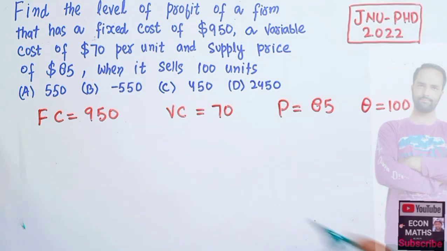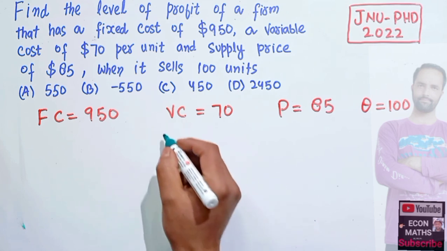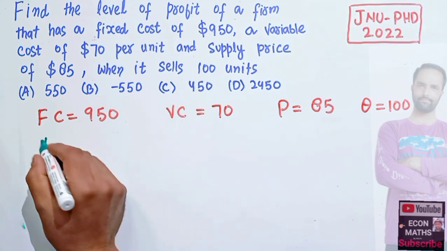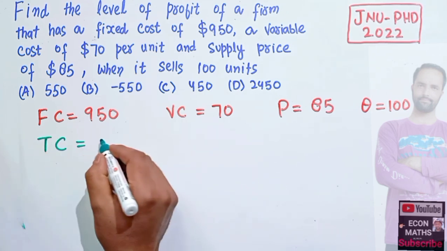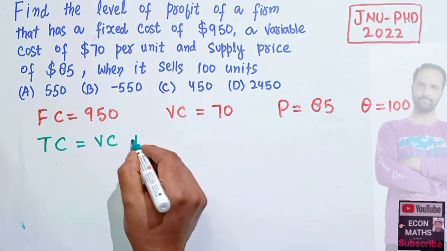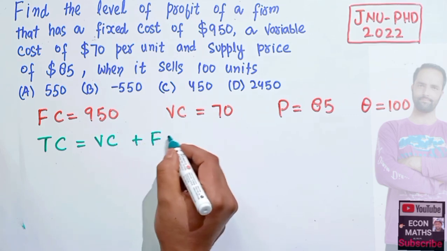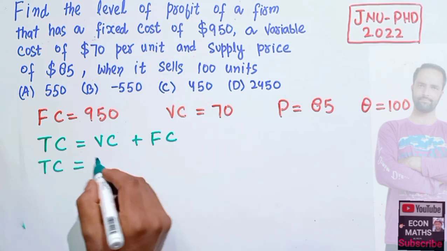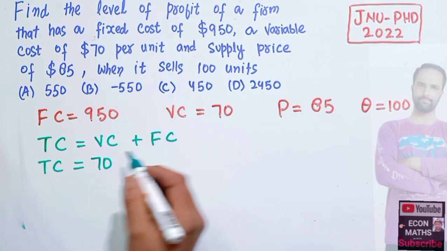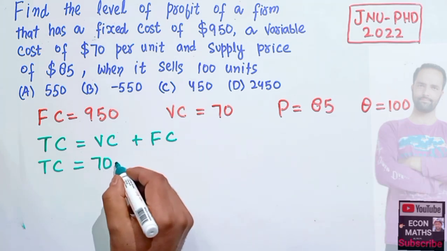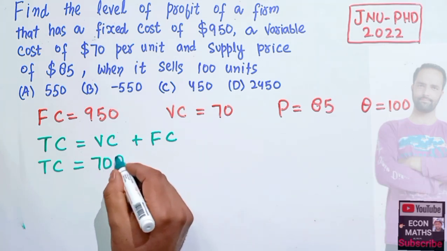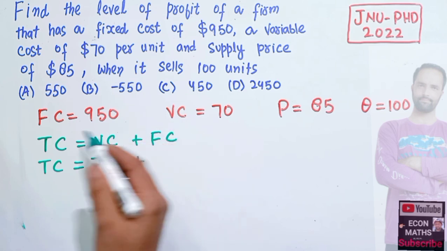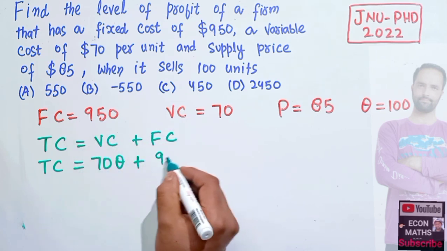Now first we need to find out what the total cost is. Total cost is simply equal to the variable cost plus fixed cost, and we can write total cost in this fashion. Variable cost is 70 per unit, so 70 into Q, plus fixed cost, which is given as 950.